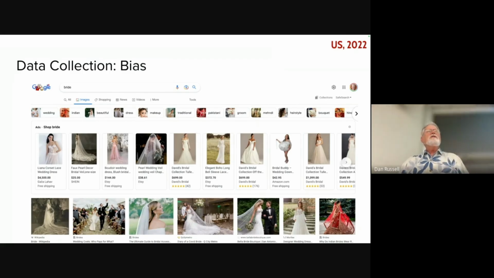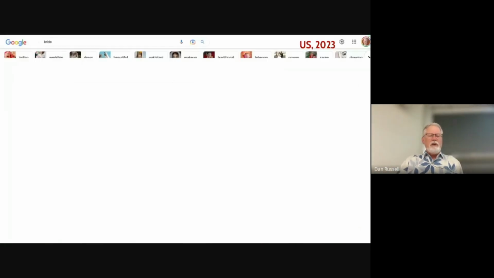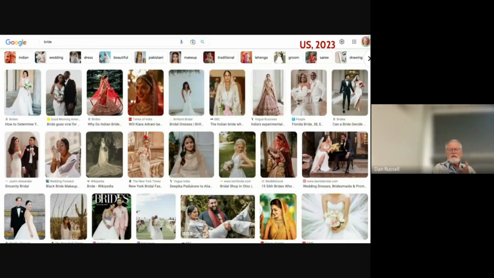Now that was 2022, and about that time, Google was making a big effort to diversify search results and make them more representative of the US population, or the world population. So this is the US as of the following year. After the debiasing effect went into place in the search algorithm, you get a lot more variety here, which I would argue is a better representation, a better set of results.